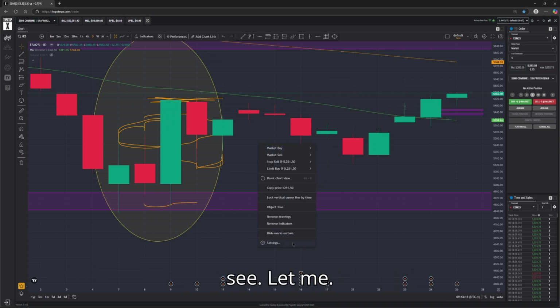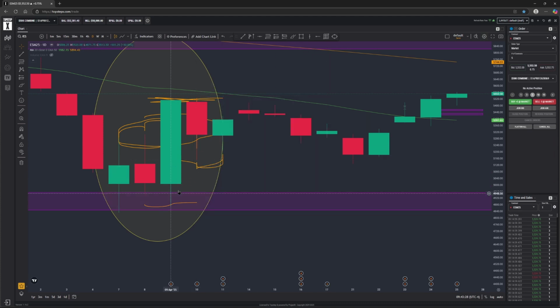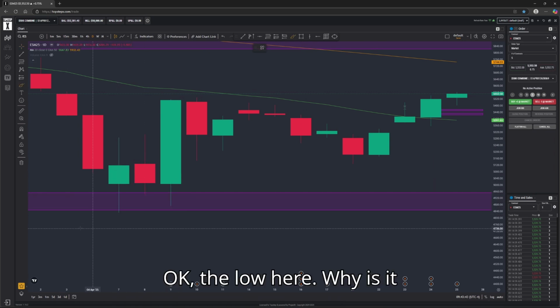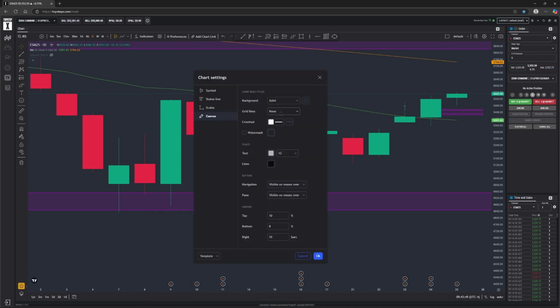Actually, hold on, let me see. So it came down. Okay, the low here. Why is it snapping on this chart? Grid lines, none, crosshairs.